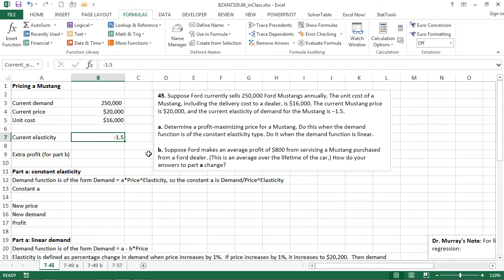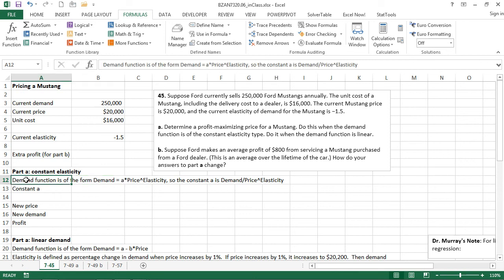Now, one of the things we have to do is calculate the coefficient, this A coefficient. That A coefficient is not given to us. But one of the things we do know is, we're given a single point where we've got demand and price and elasticity.